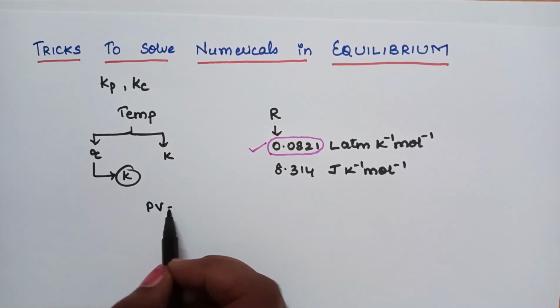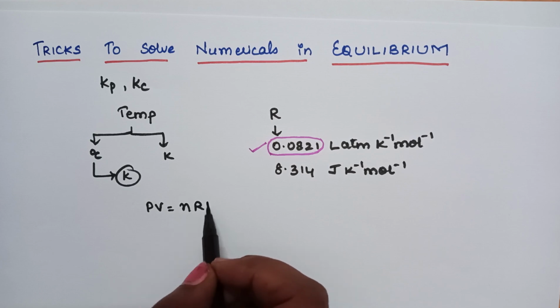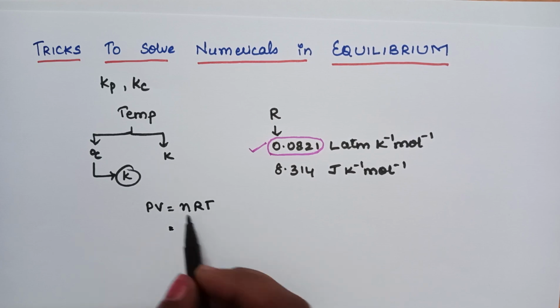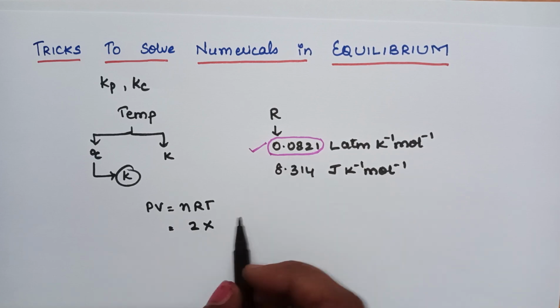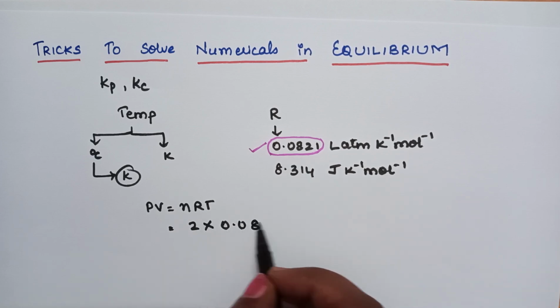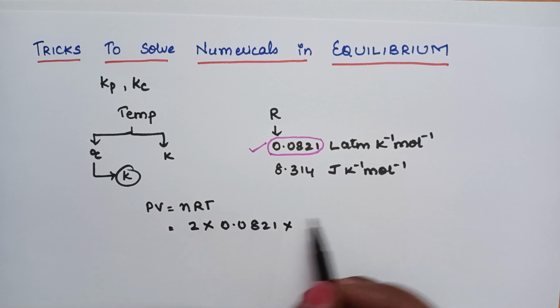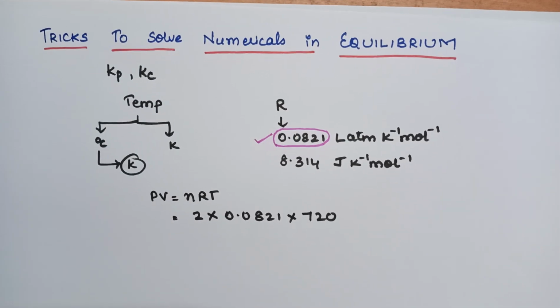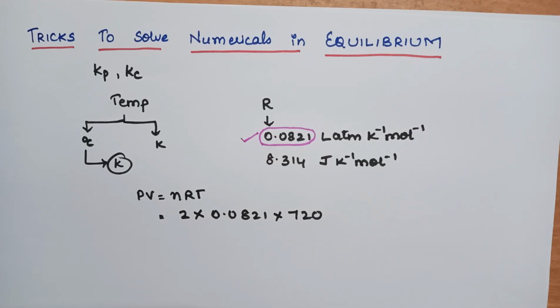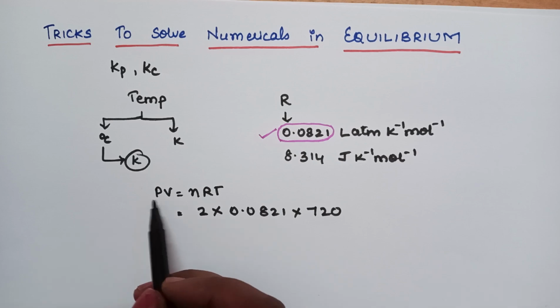For example, if you have PV is equal to nRT, the ideal gas equation. Suppose I put some values: n is 2, into R value 0.0821, into temperature, which I'll take in Kelvin scale, 720. Now you have to multiply this to get the value of PV.